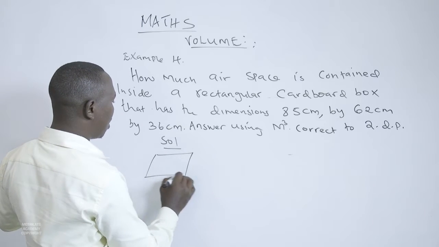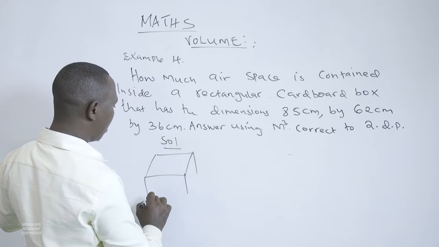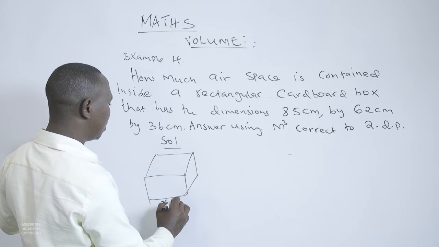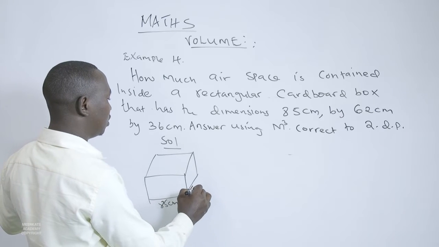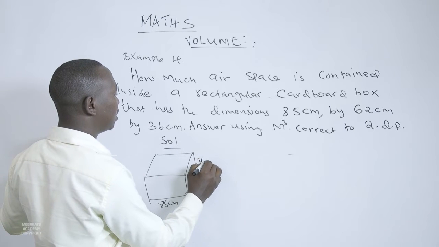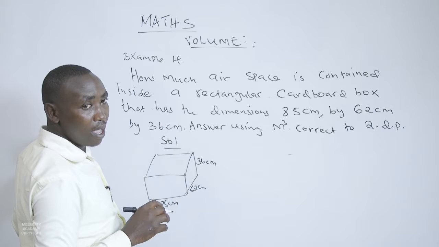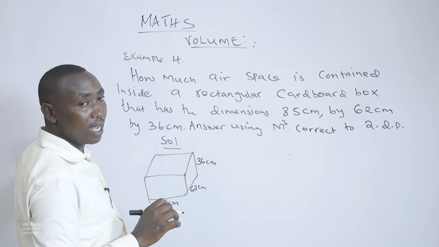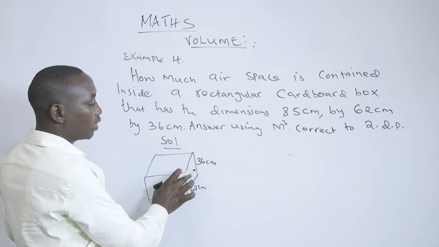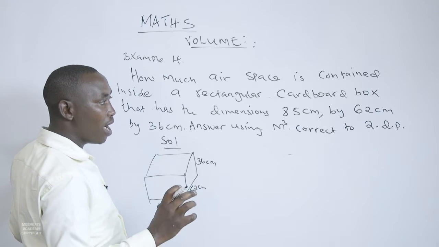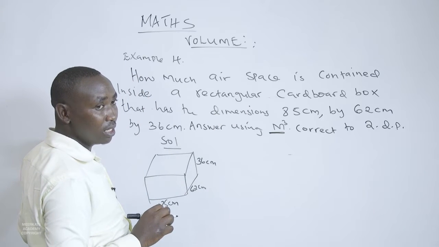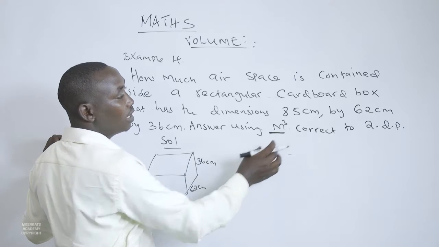So if this is our box, we have been told the dimensions are 85 centimeters by 62 centimeters by 36 centimeters. We are supposed to calculate the volume of this particular object.